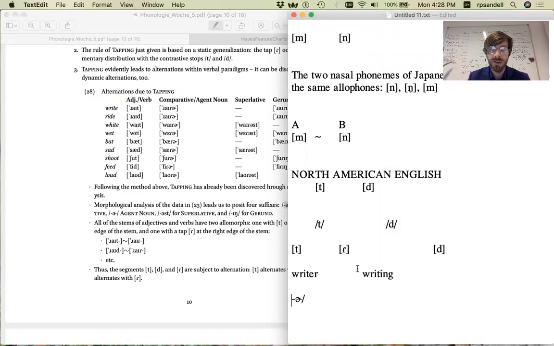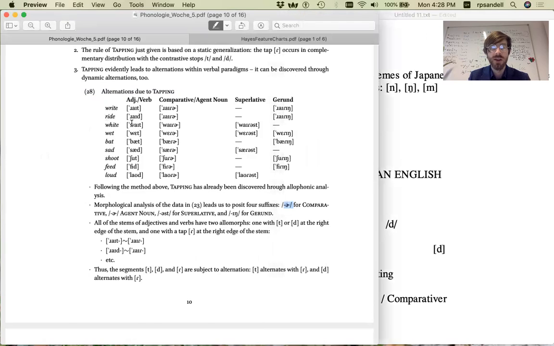We have a suffix for agent nouns like writer or batter or shooter. For comparative forms of adjectives like whiter or sadder. We have a suffix ust for superlatives and ing for gerunds, present participles.